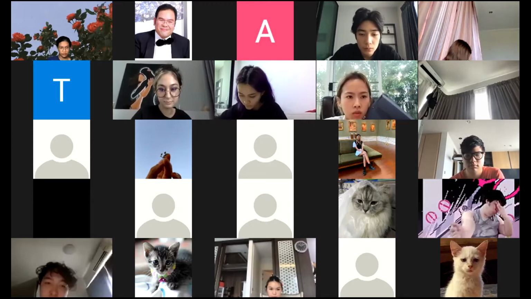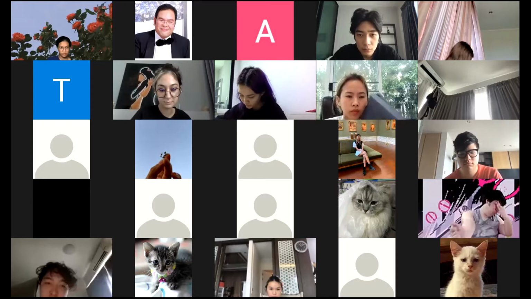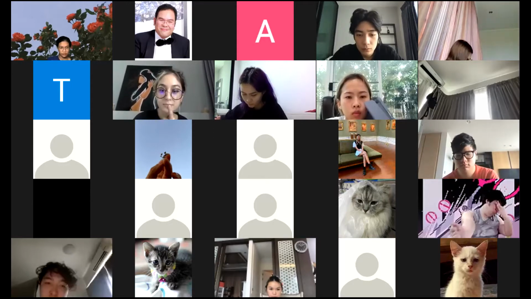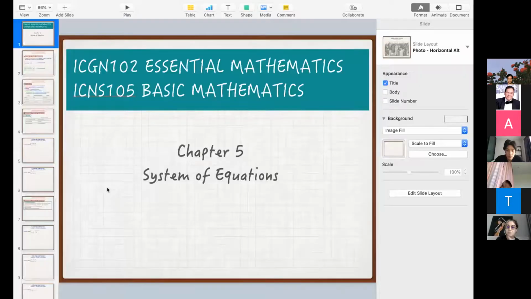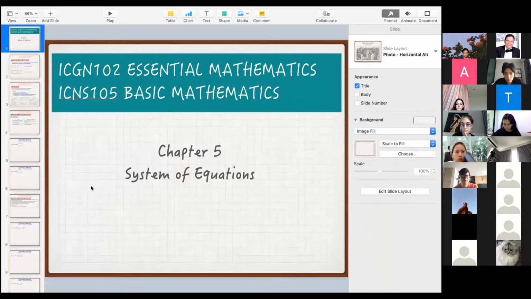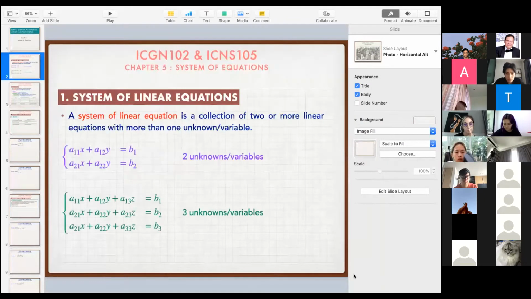In chapter 5 we talk about the system of equations. What does it mean by system of equations? It is a group, in this one it says a collection of two or more linear equations.